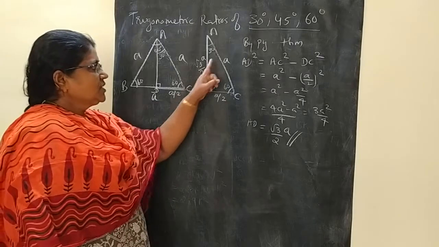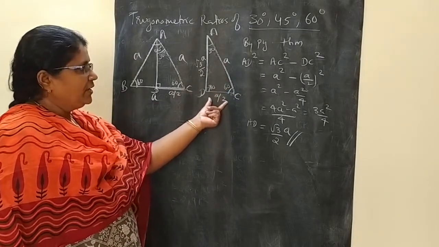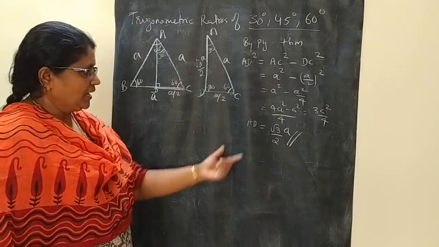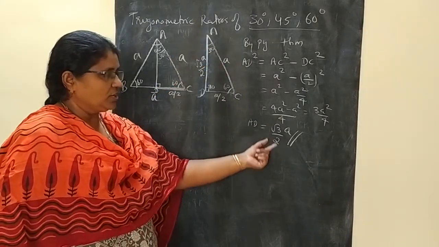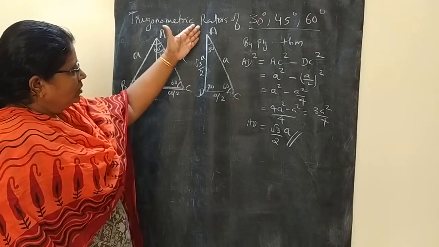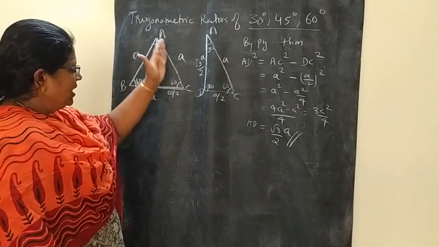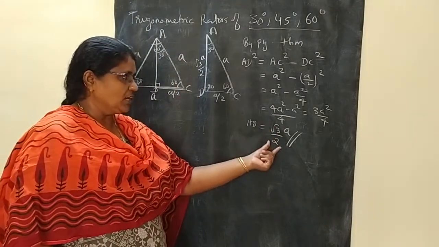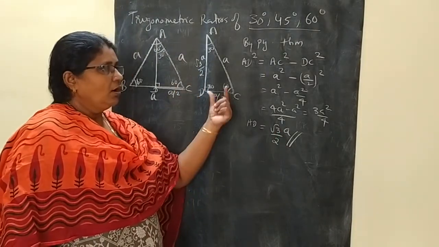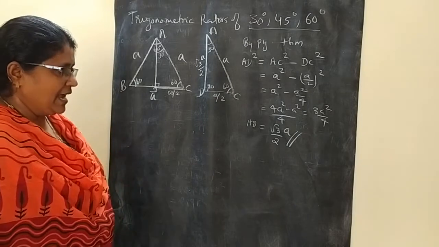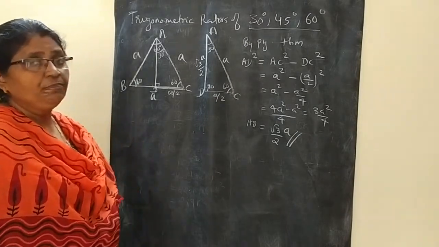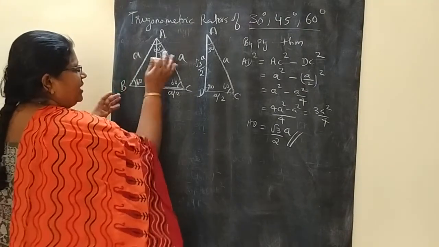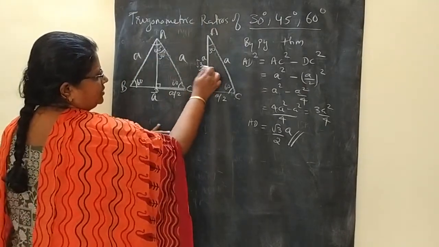Understood? Since we know the hypotenuse and one side, we can find the third side by using Pythagoras theorem, and we got root 3 by 2 a. So when each side of an equilateral triangle is a unit, its altitude length will be root 3 by 2 a. Learn by heart: the altitude of an equilateral triangle is root 3 by 2 a. Now leave this triangle, consider only this one.